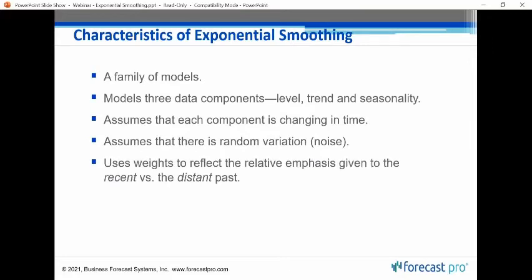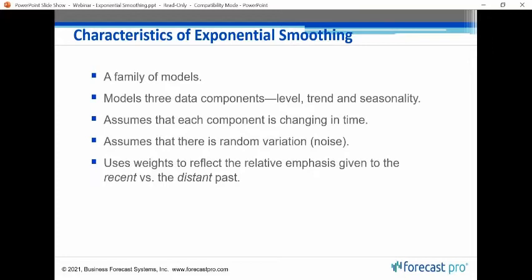Exponential smoothing, the real heart of the method, is trying to balance these 2 things. If something is changing in time, then there is a benefit to concentrating on the most recent data. Why? Because the most recent data reflects current conditions better than the preceding data.